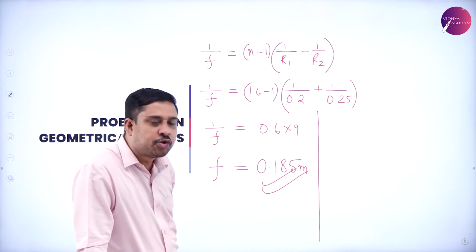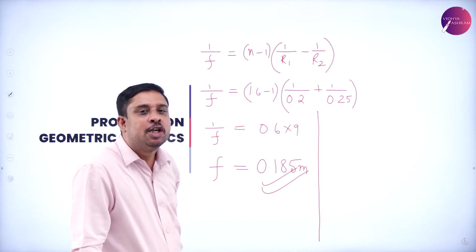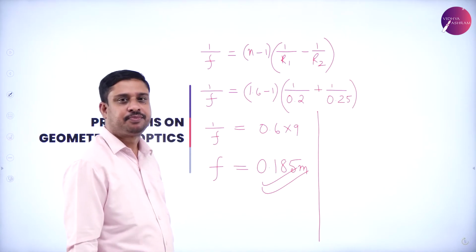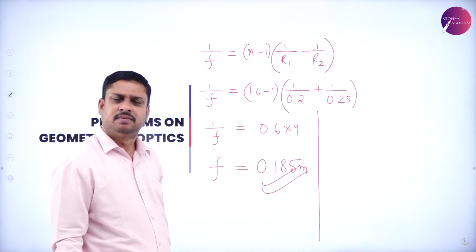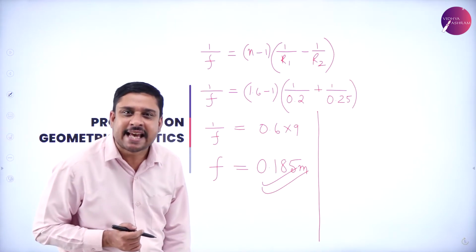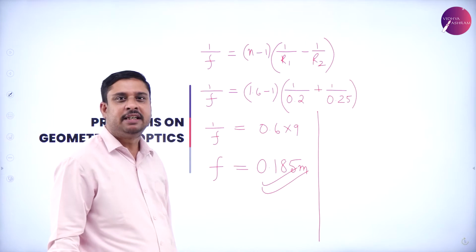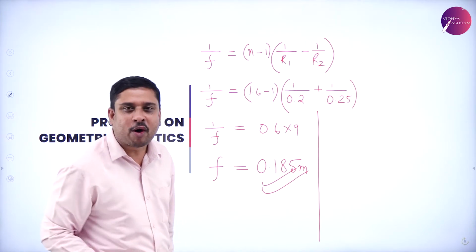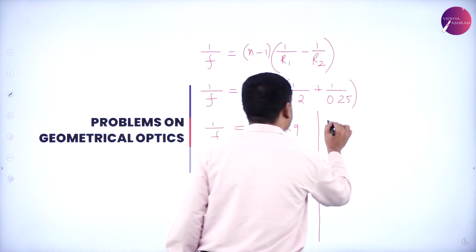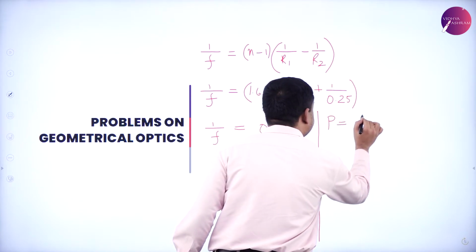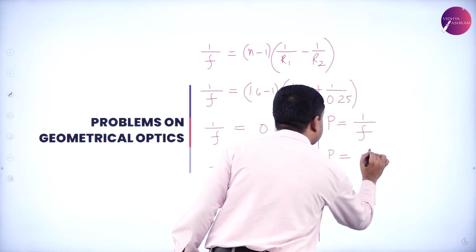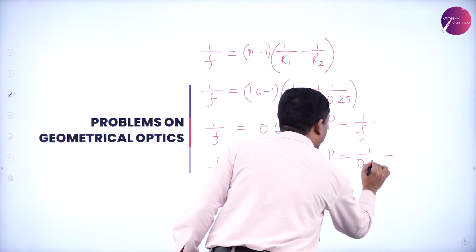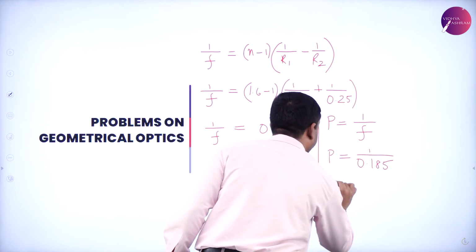He is also asking me to find the power. How will I find the power? Simple. Theory says power is the reciprocal of focal length. So P is 1 by f. P is 1 by 0.185.